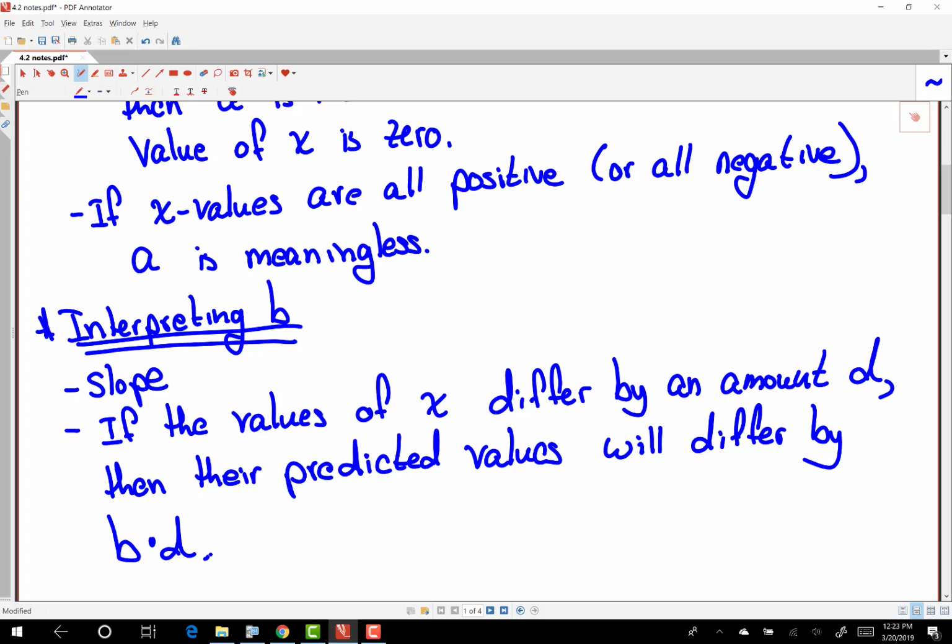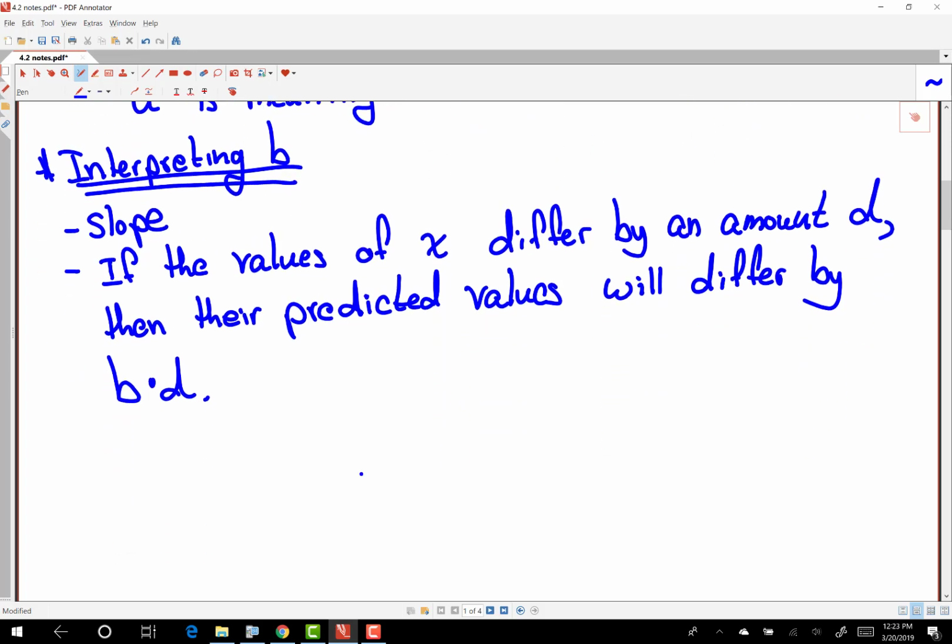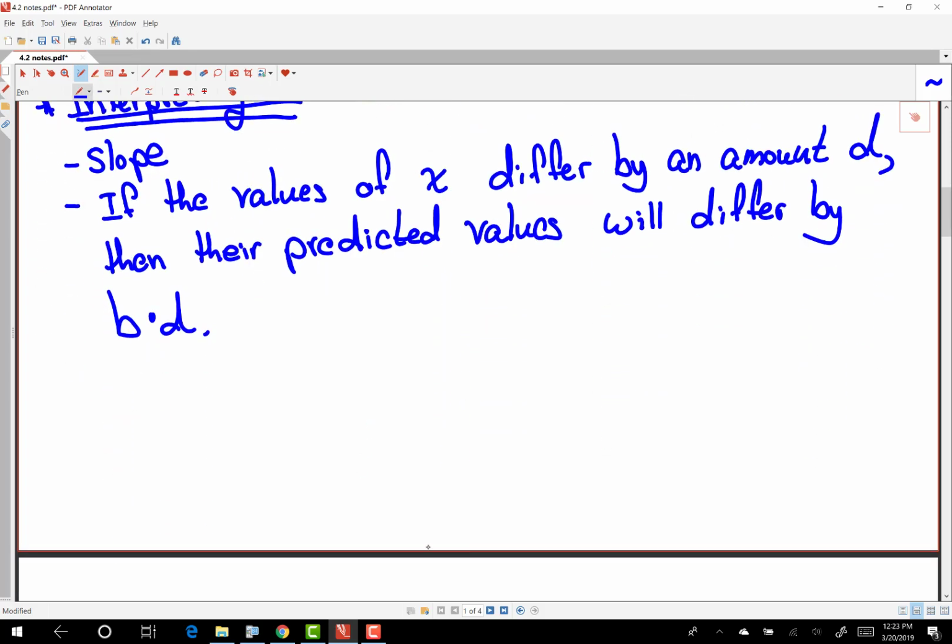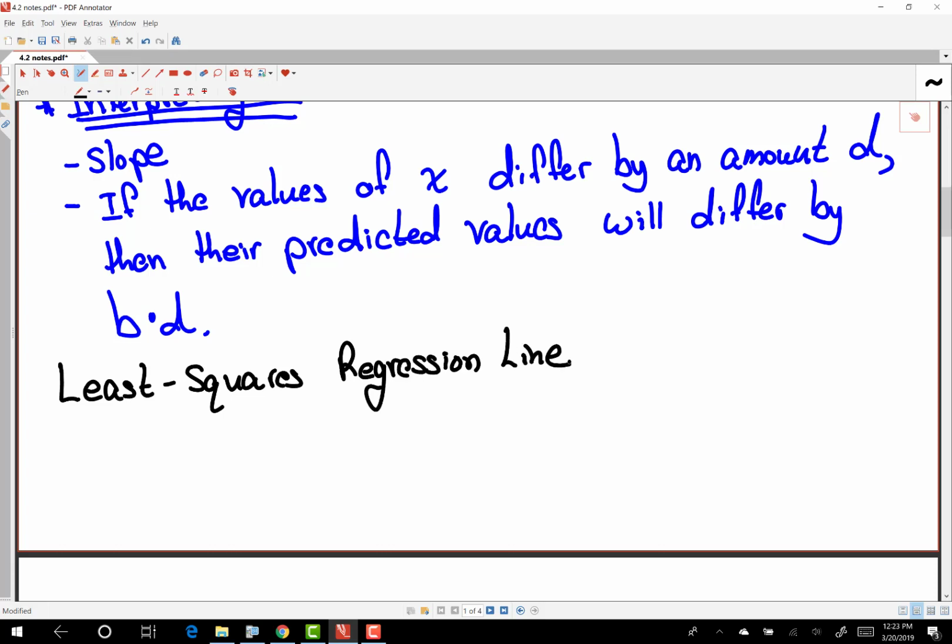Okay, and when we get this least squares regression line, it's also sometimes called just the regression line, or the linear regression line, more likely.